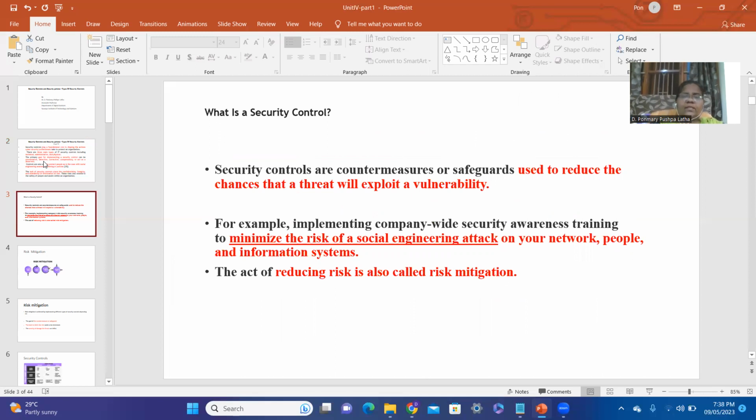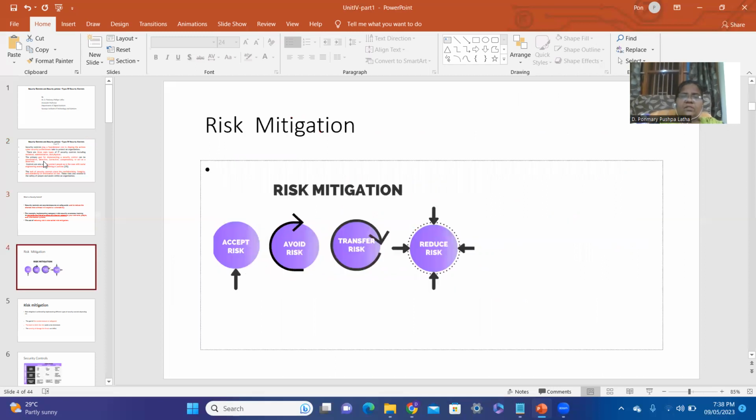Reducing risk is also called risk mitigation. So what is risk mitigation? In risk mitigation, we can accept the risk, avoid the risk, transfer the risk, or reduce the risk.